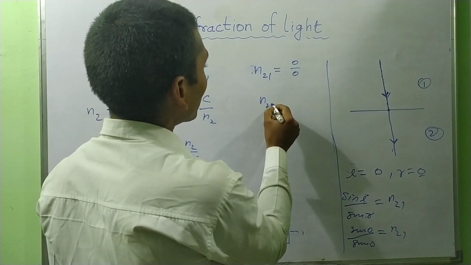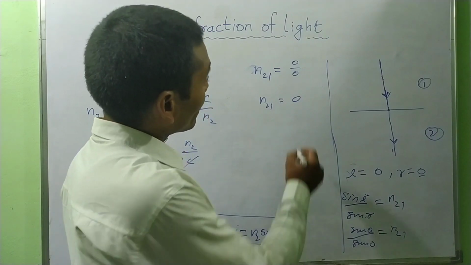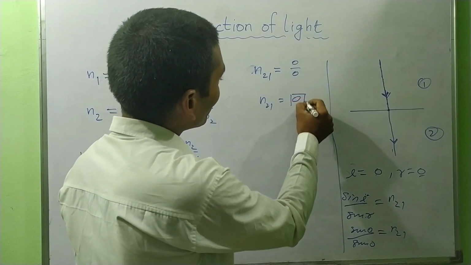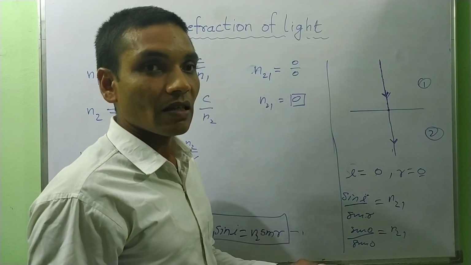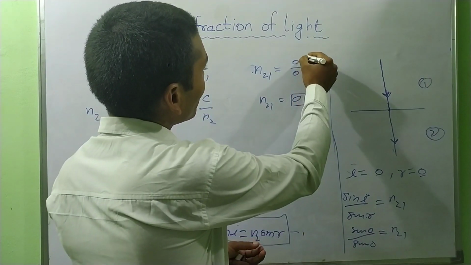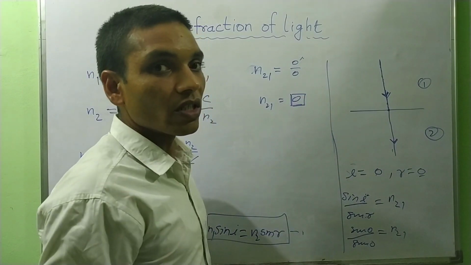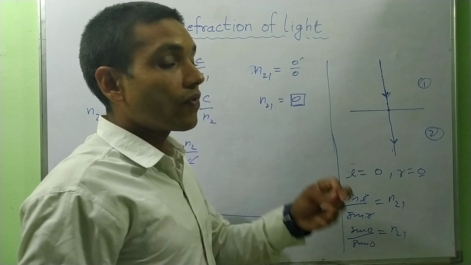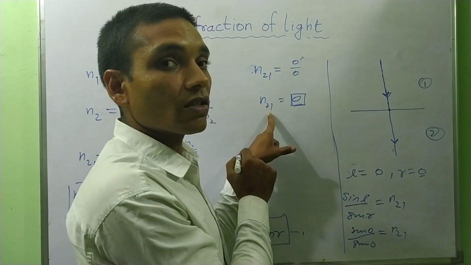Okay, or n21 equals 0. Actually this value is not determined, but in the numerator here it is 0, that's why we can take it as equal to 0. So here, the refractive index is the refractive index of second medium with respect to first.